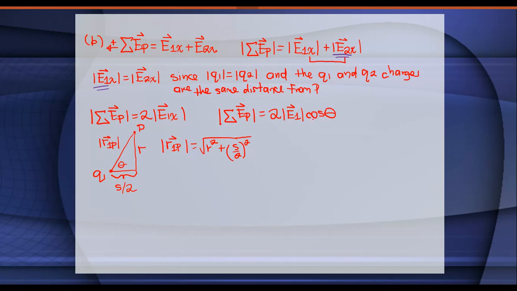Now what I'm going to do is write an expression for cosine of theta based on the triangle that you see here. So cosine of theta would be equal to side adjacent over side hypotenuse. Side adjacent is R1P. Oh, no, wait, it's not.